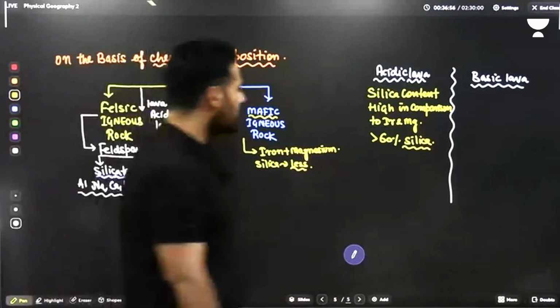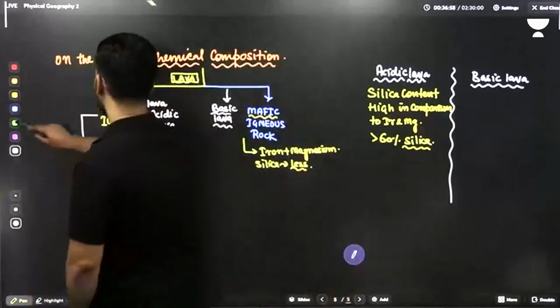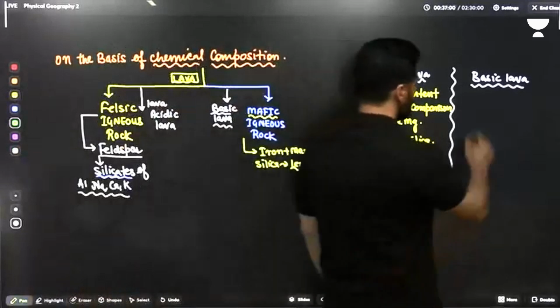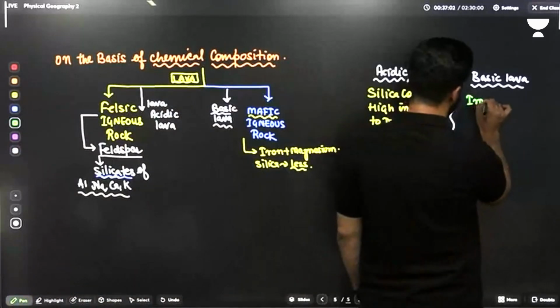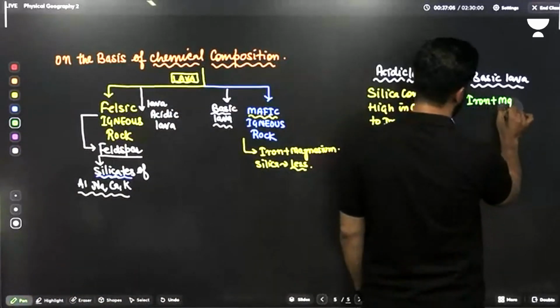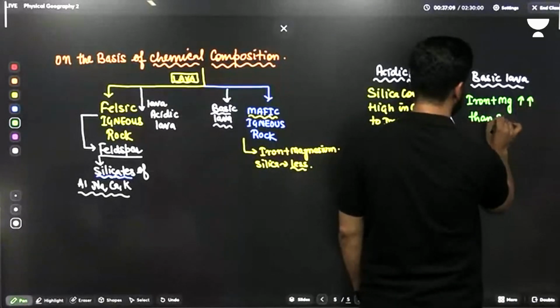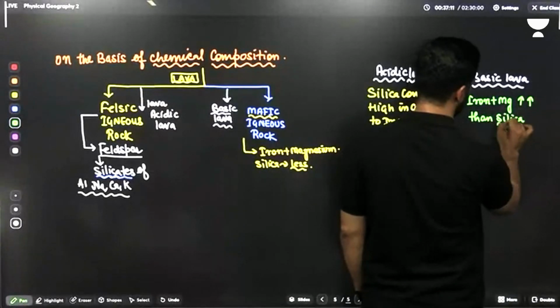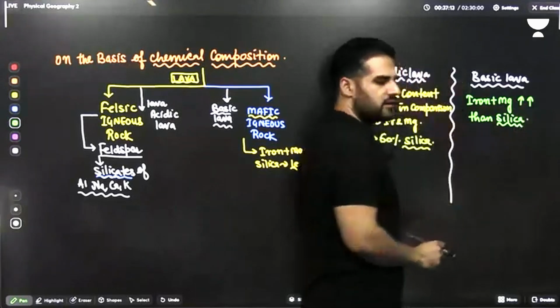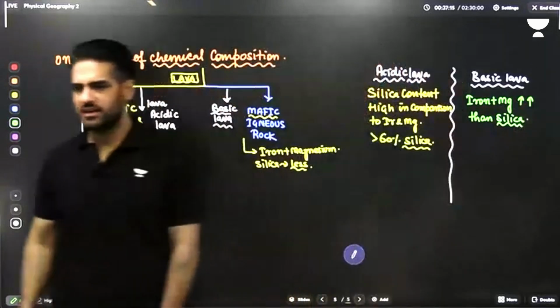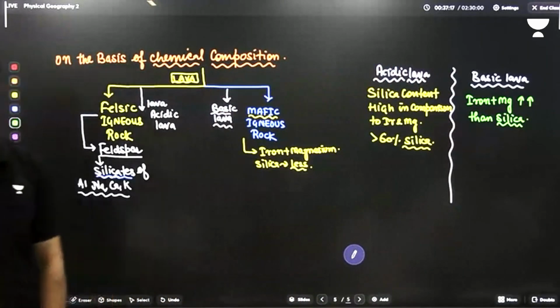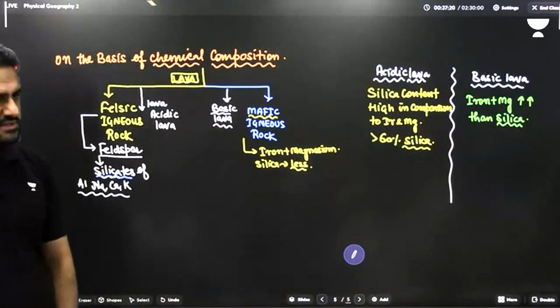Clear? Similarly, when you talk about the basic lava, in this iron and magnesium is more dominant than silica comparatively to acidic. It means I can say here silica is around 30%, and iron and magnesium are more dominant. Is the first difference clear?